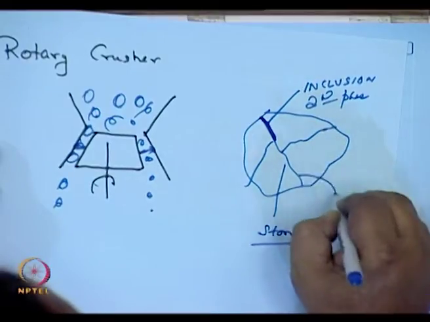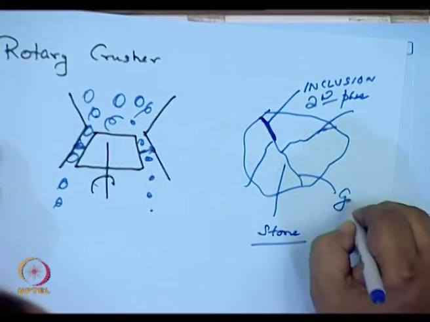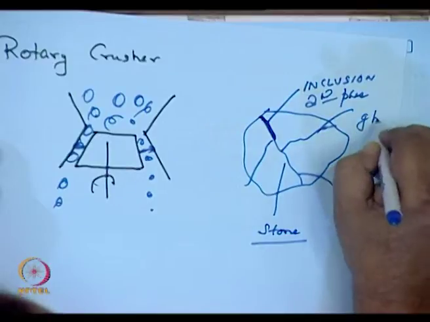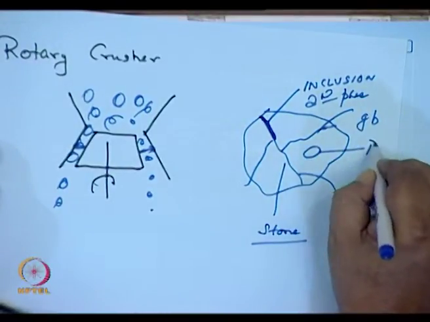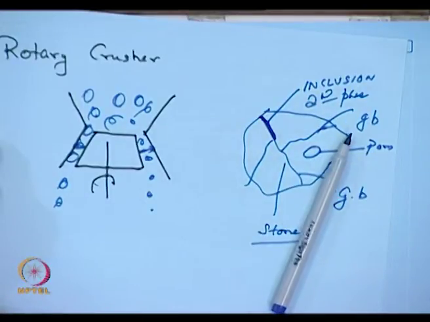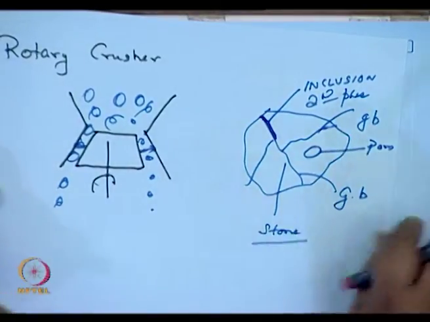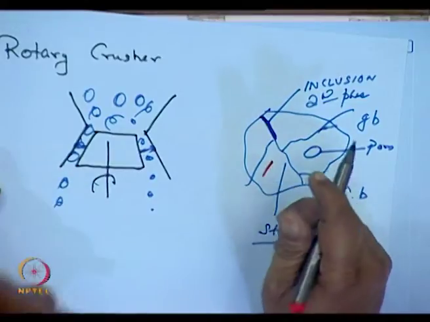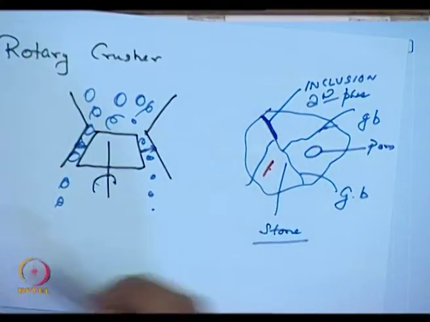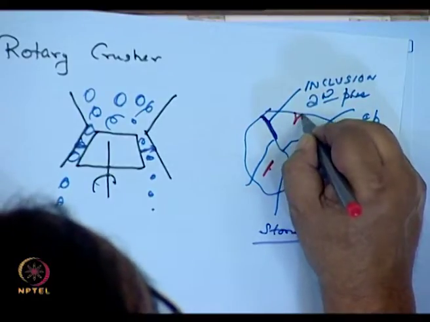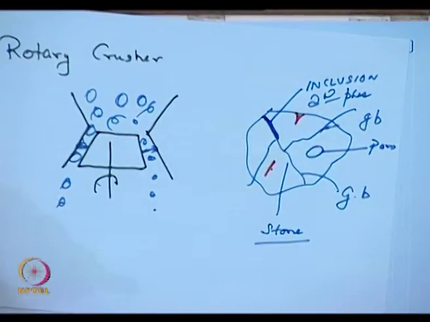These are grain boundaries. It may have pores over here. It may have flaws inside this. There is a crack hidden over here. There might be surface cracks also.